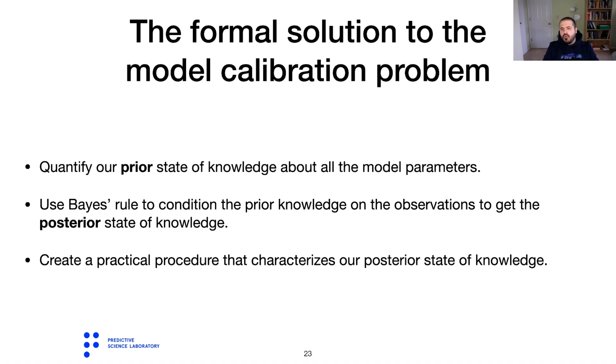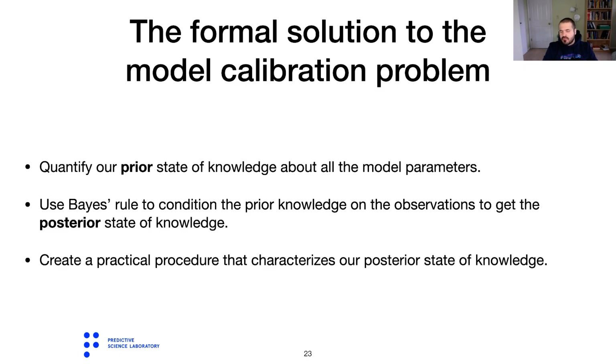Now, the whole point of this class is to create a practical procedure that characterizes our posterior state of knowledge. In other words, the formulation of the calibration problem is more or less trivial.